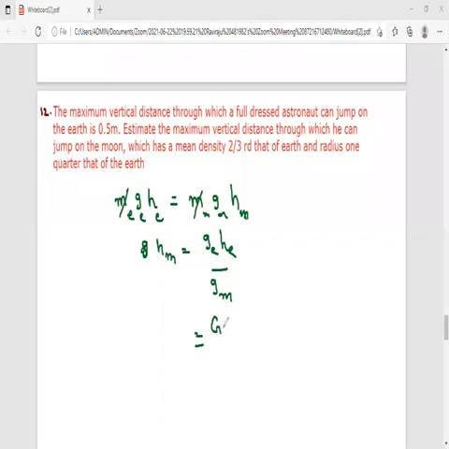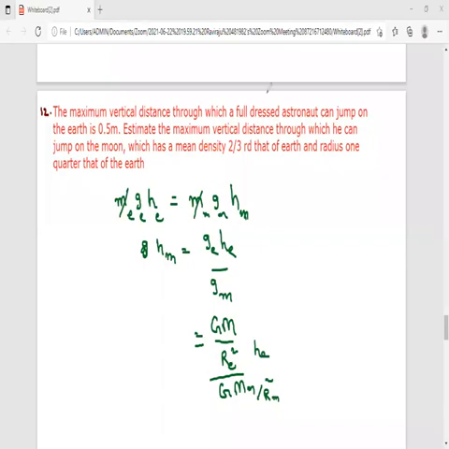For the first one, I will write capital G into capital M, for Earth, by radius of Earth square, by, for Moon, capital G is common, and mass of Moon by radius of Moon square, of course into h e.